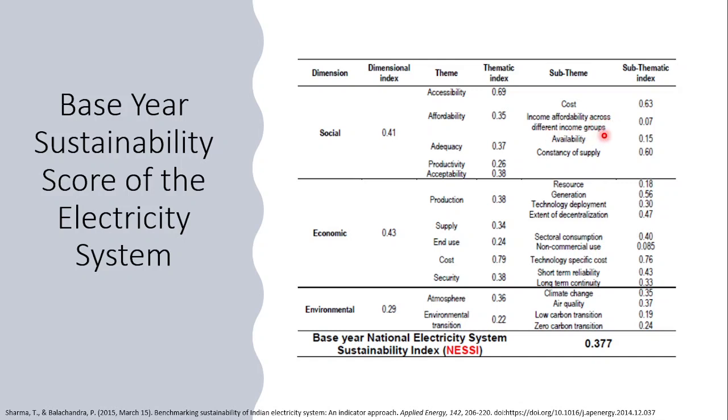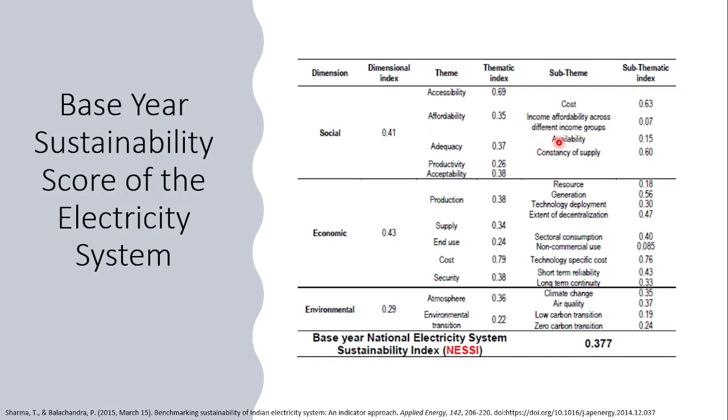And then you need to consider this across different groups. You cannot just say that there is a rich person who can afford it, so there is good affordability. No, you need to also consider if the poorest of the poor can afford this electricity or not. And then of course there is the availability part.